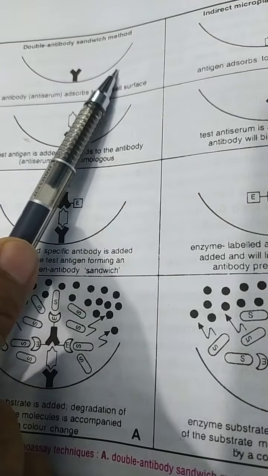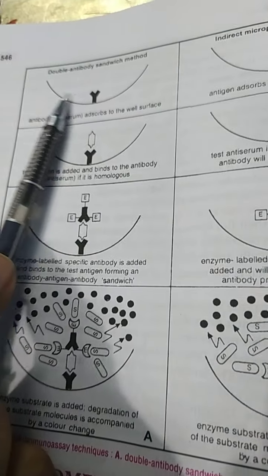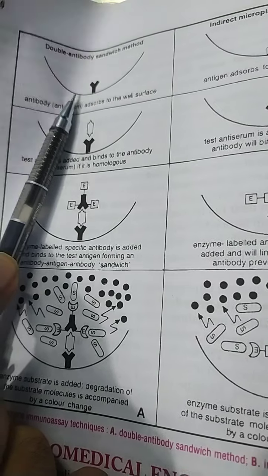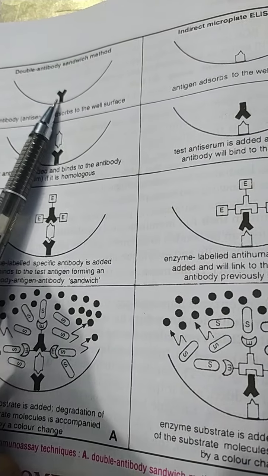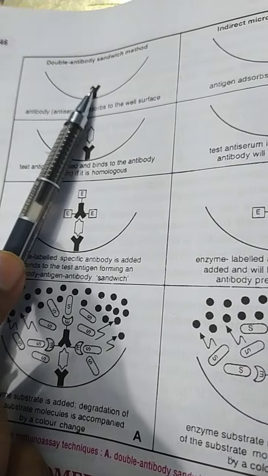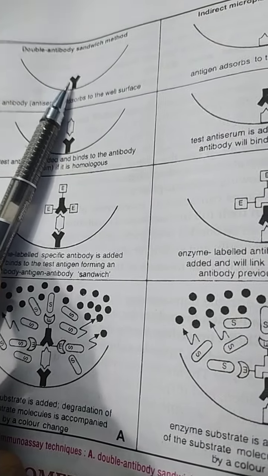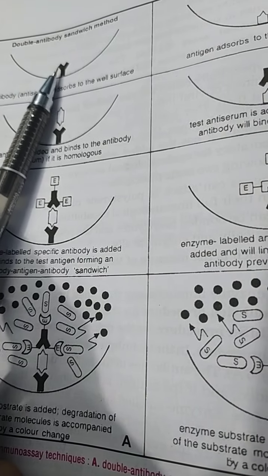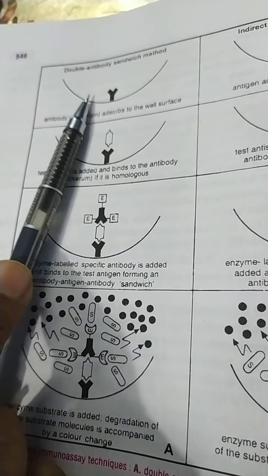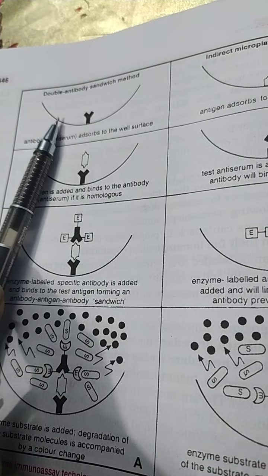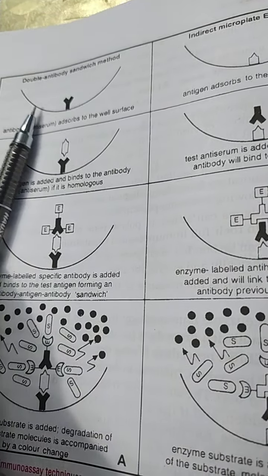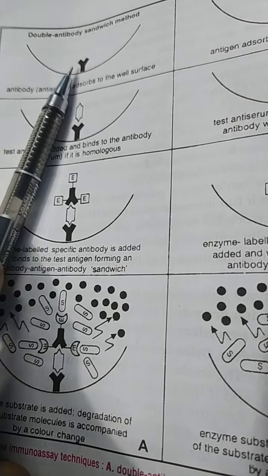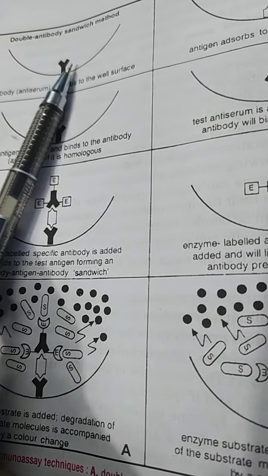This is a polystyrene well you see here. In this well, the antigen is passively absorbed, or it sticks at the very base of this trough, which is made of polystyrene material. Here the antibody is absorbed to the well surface.